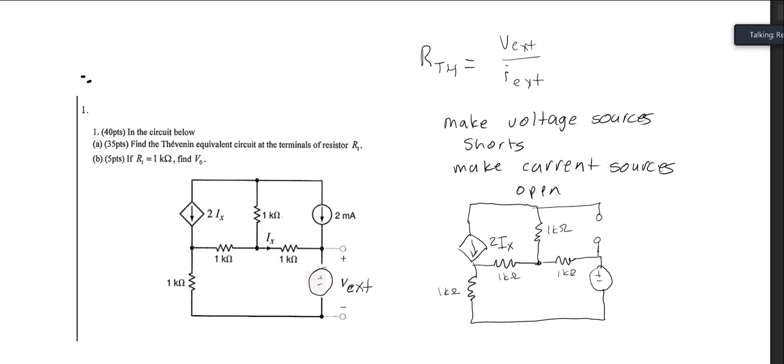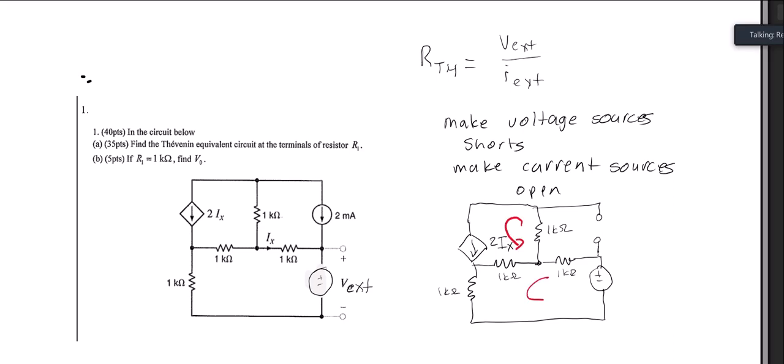And what I can do is, I think the way he did it was with nodal analysis, and that's almost always what I use. But in this instance, I decided to use mesh, and so I'm going to use mesh. And so I have one mesh here and another mesh here. And I'll call this top one I1 and this bottom one I2.